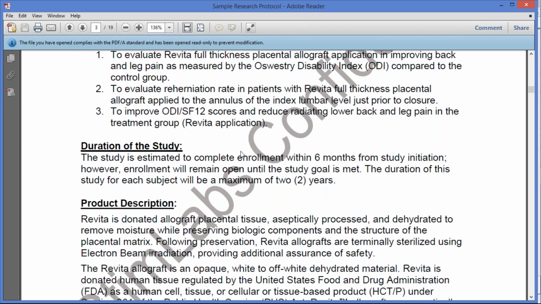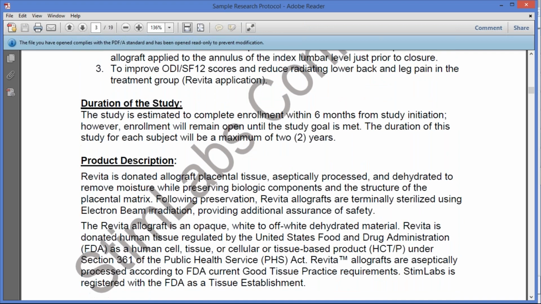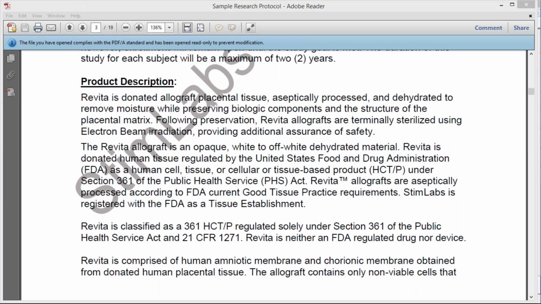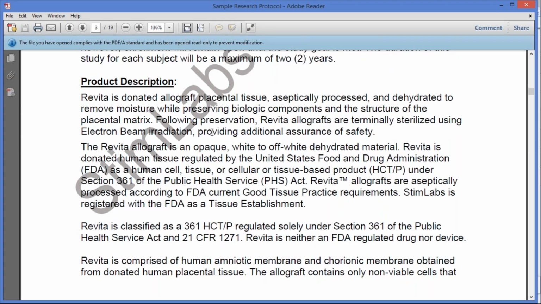Duration of study, 2.5 years. Product is described here. No need to go through the product information because every product will have different descriptions there. No need to go through the product description.